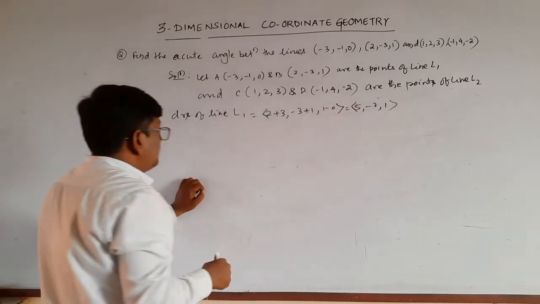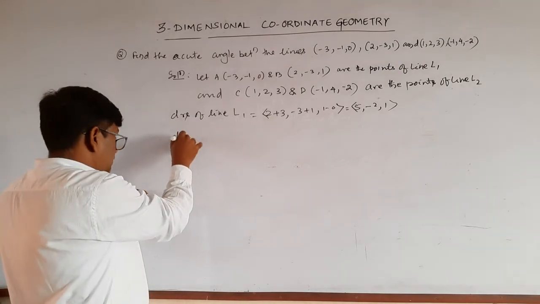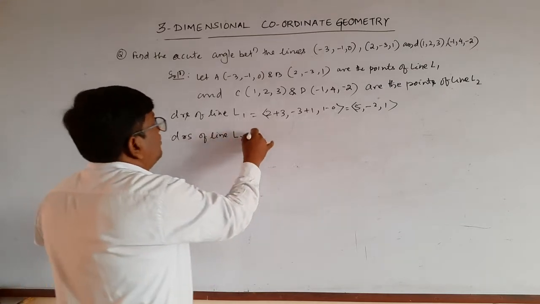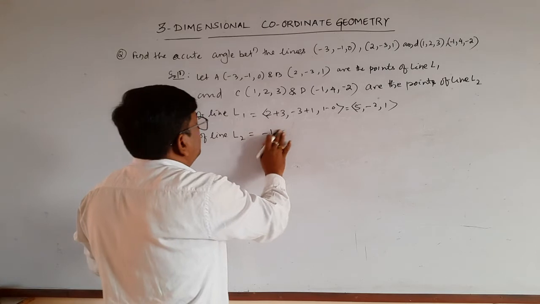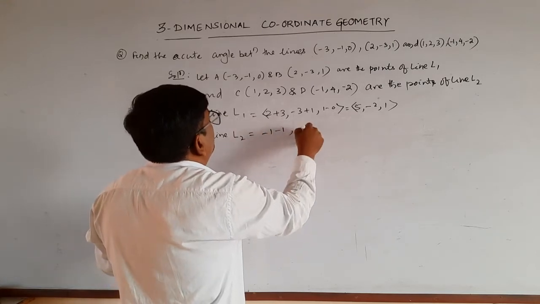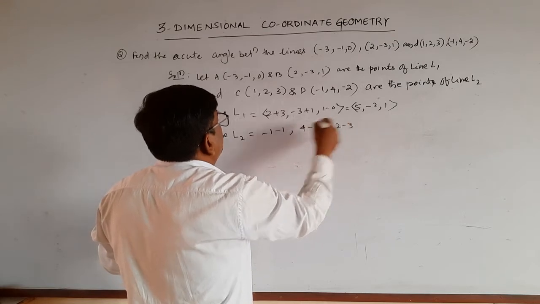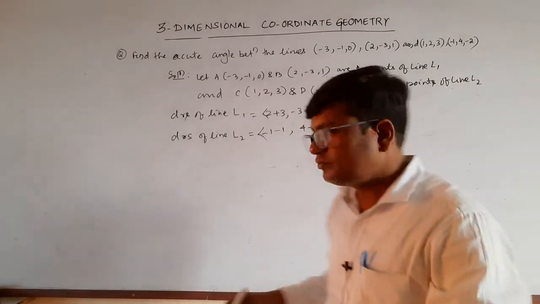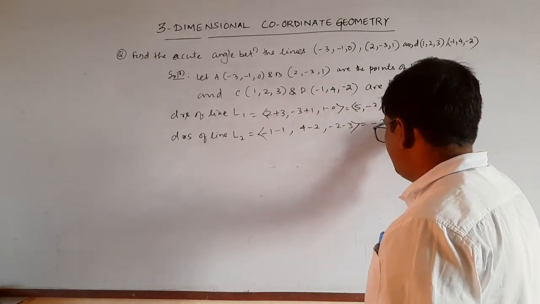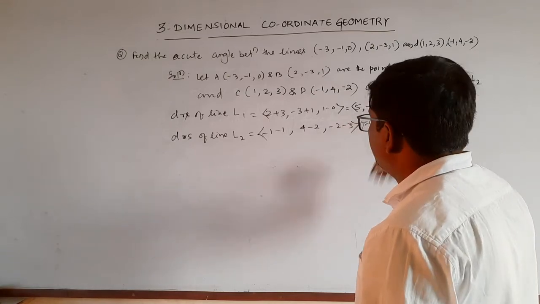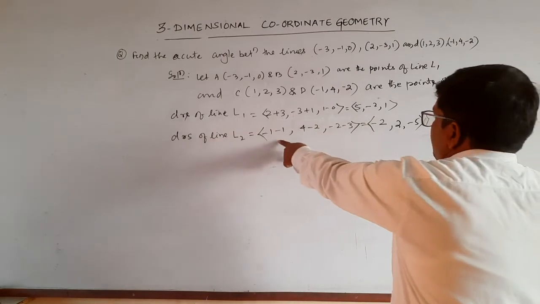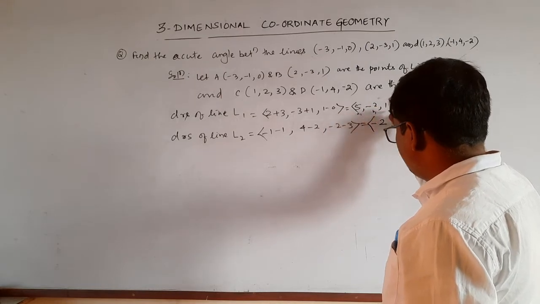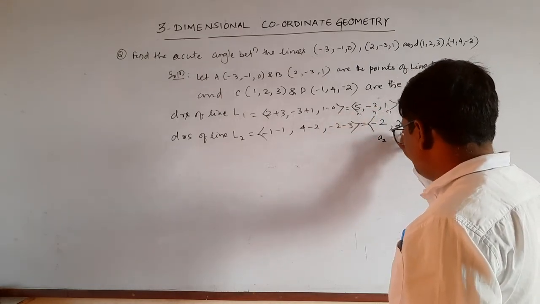The DRs of line 2 are -1 minus 1, 4 minus 2, -2 minus 3, so this is equal to -2, 2, -5. Suppose 5, -2, 1 is A1 B1 C1, and -2, 2, -5 is A2 B2 C2.